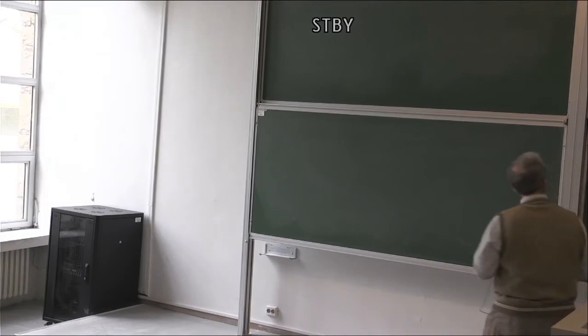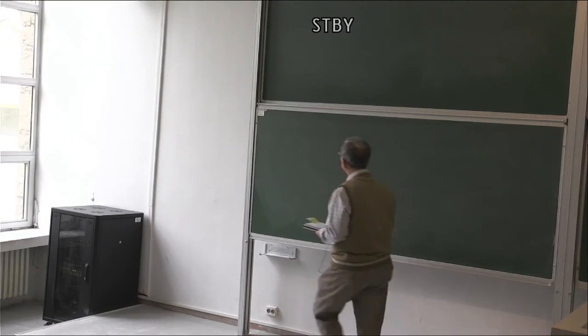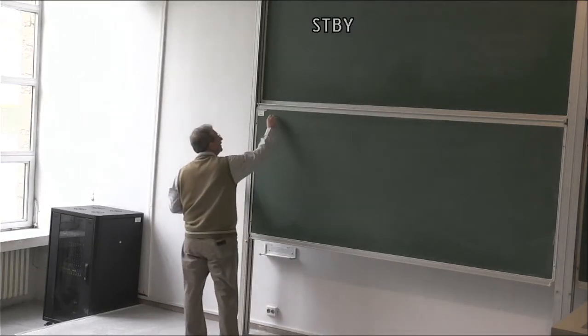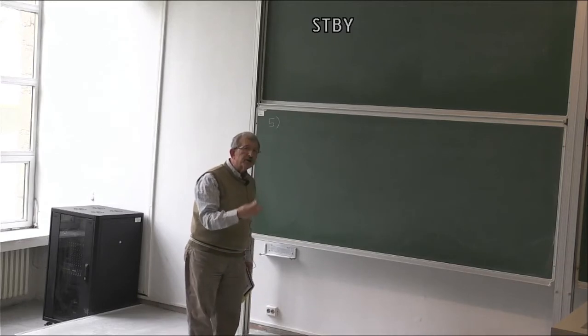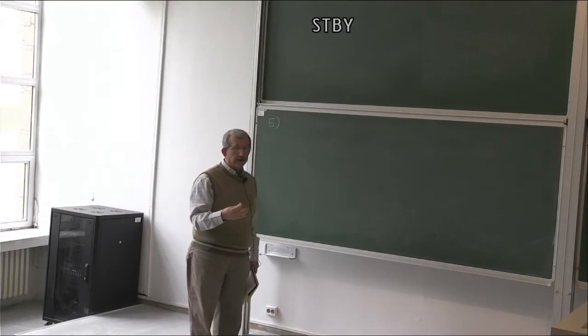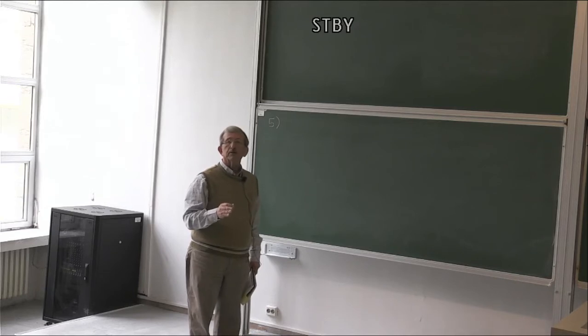The next example is an important one in the sense that it tells us that this short way of calculating the directional derivative is not always correct if we don't have differentiability.